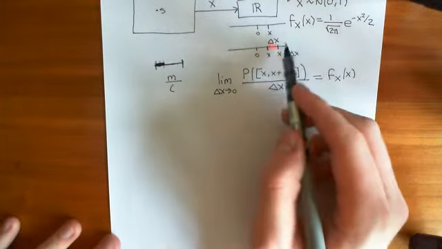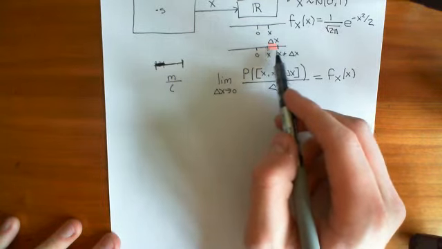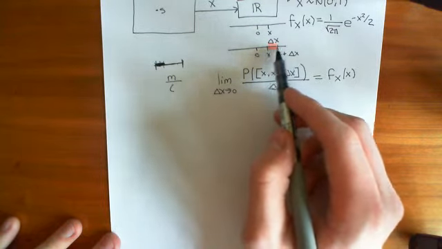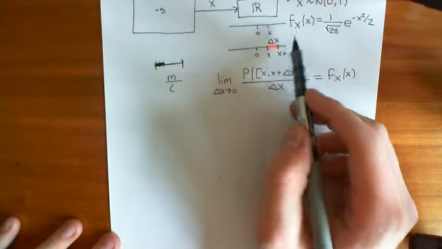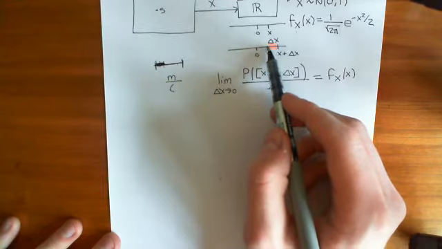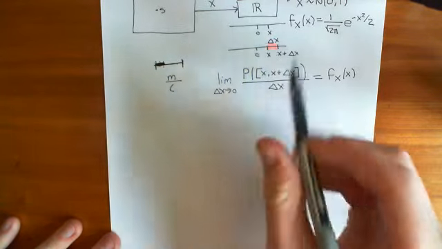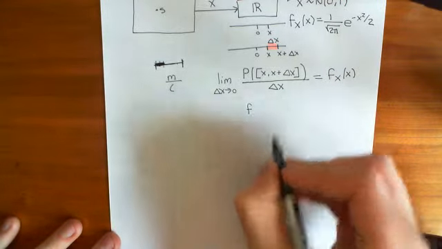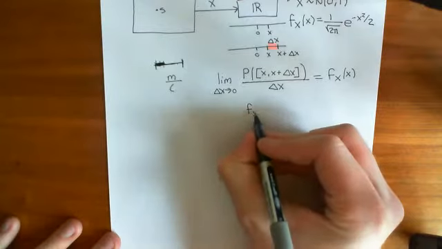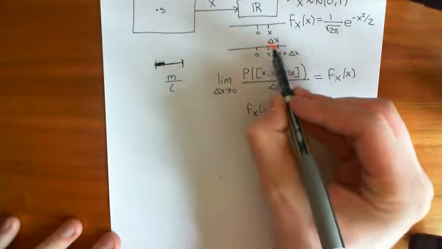Okay, so roughly, if we want to know what the probability of being in a little interval x to x plus delta x is, at this point x, then if delta x is very small, we can assume that the probability density is roughly the same on all of this interval. So if we want to know the probability of that entire rod or interval, all we need to do is take the density of the rod, which we can assume, if delta x is small enough, is uniform on that rod.